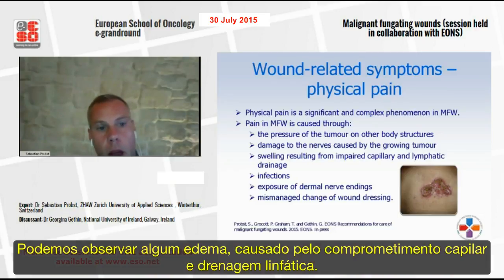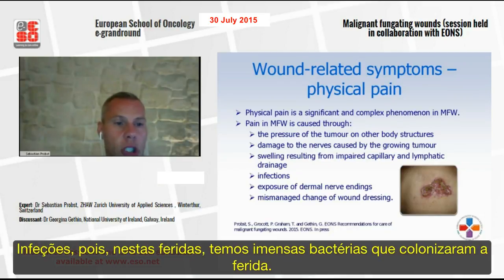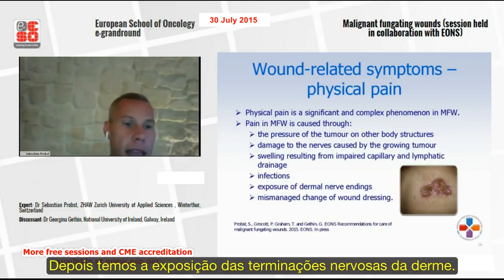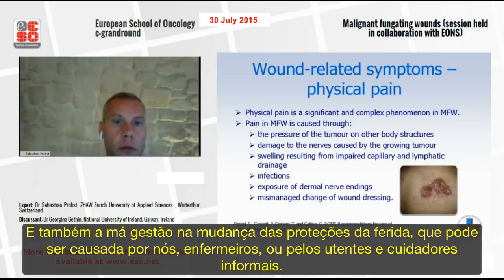We can observe also swelling resulting from impaired capillary and lymphatic drainage. Infections, because in these wounds we have a lot of bacteria, we have colonized wounds. Then we have the exposure of dermal nerve endings, and the exchange of wound dressings that can be caused by us nurses, or by patients and informal carers.